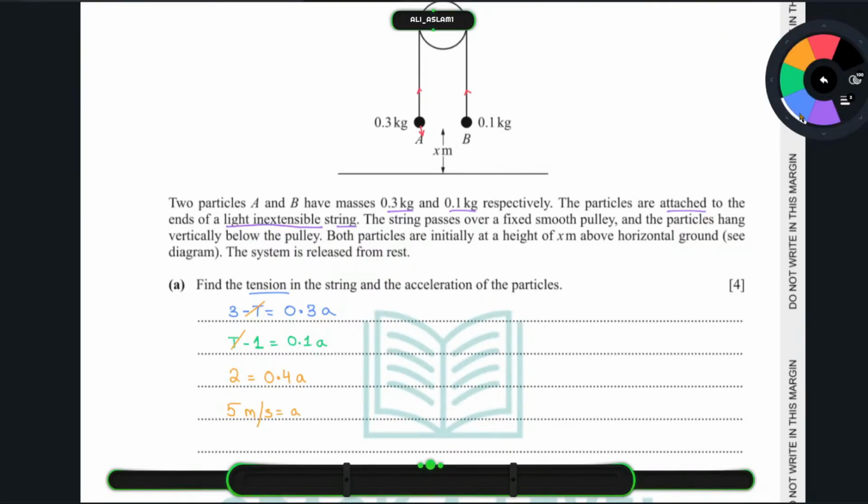And applying that, 5 into 0.1 plus 1, so we have T as 1.5. So tension is 1.5 newtons.